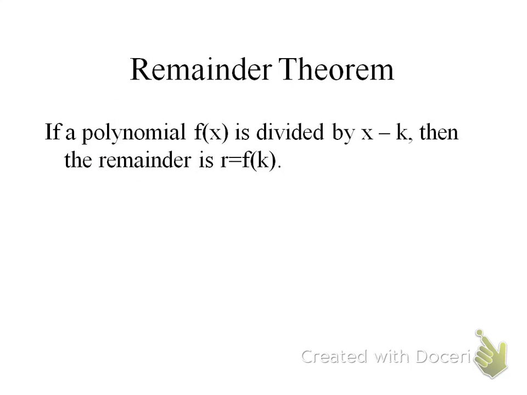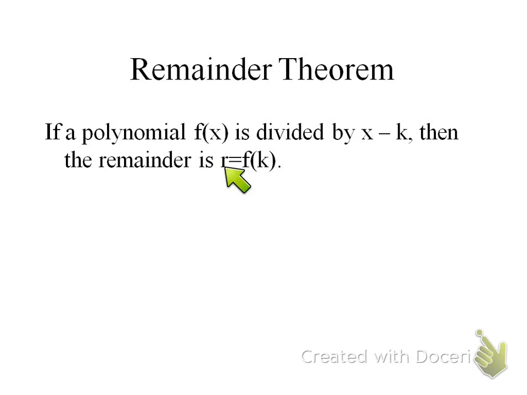The remainder theorem says that if a polynomial f of x is divided by x minus k, then the remainder is r, which is the same thing as f of k. That sounds really wordy, but basically this is just describing synthetic substitution. So r is what our remainder was, the last number you got under your line.